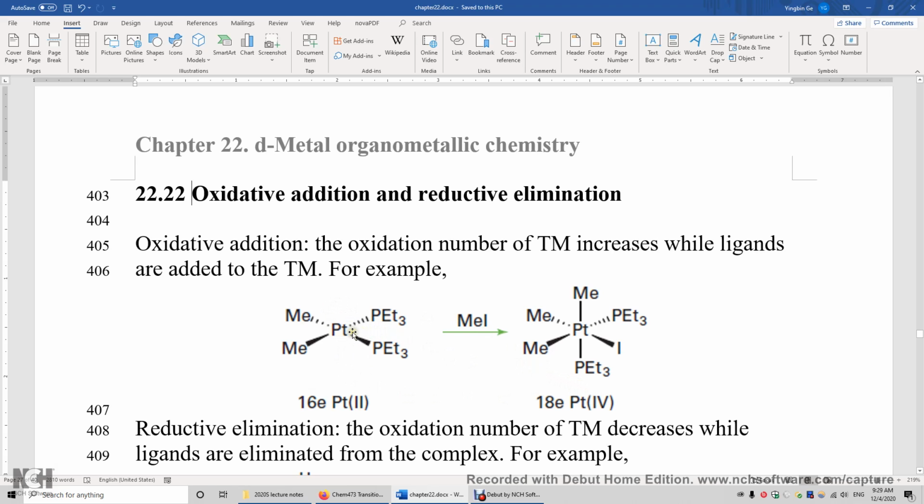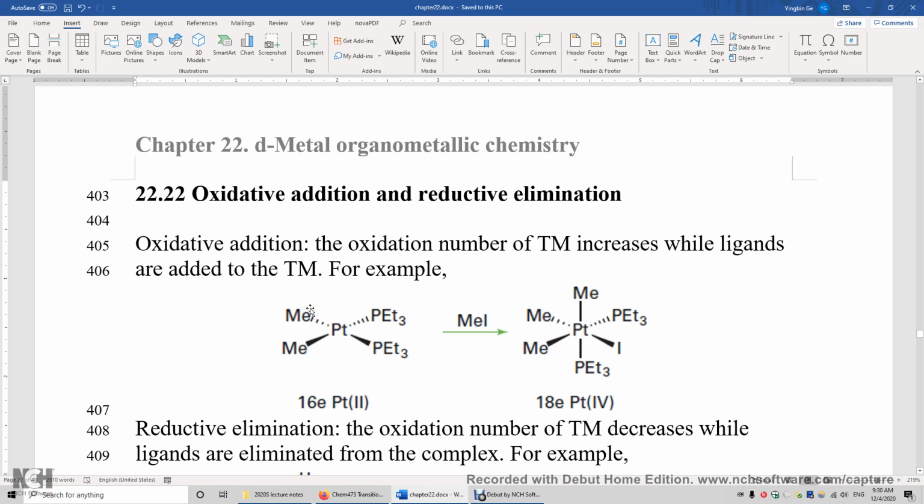Now let's do some electron counting. We'll have to assume these 2 sigma bonding electrons go to the ligand, and therefore we have a neutral ligand. These 2 electrons go to the carbon in the CH3.